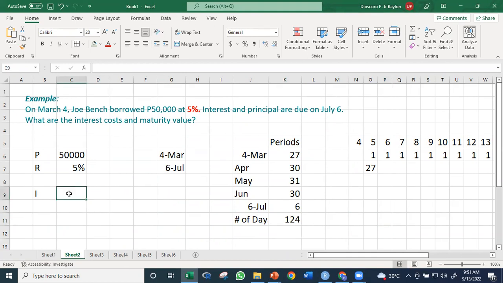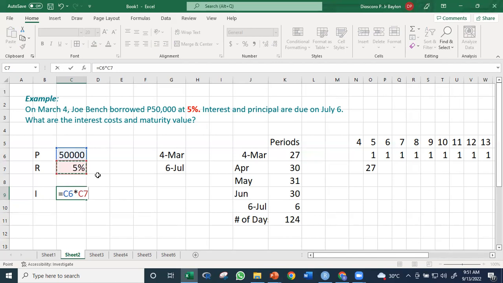Therefore, our interest will be equal to, okay, so it's the principal times the rate. Take note, the rate is like an annual rate. And then the days is 124.